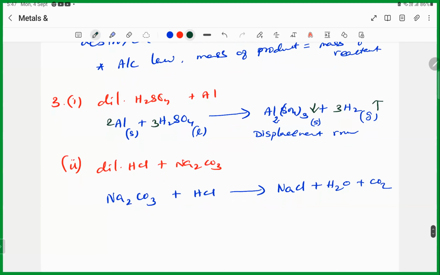Then you balance that equation. Balance this equation. Sir, 2 hydrochloric acid, 2 sodium chloride. So everything will be settled out. What type of reaction is this?